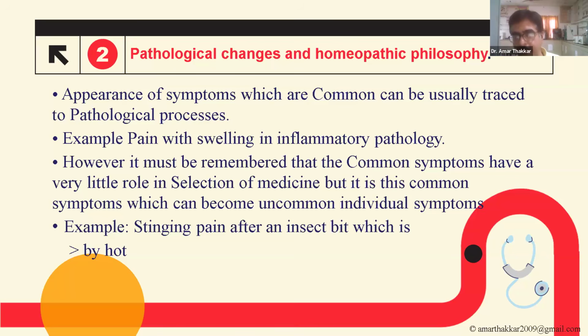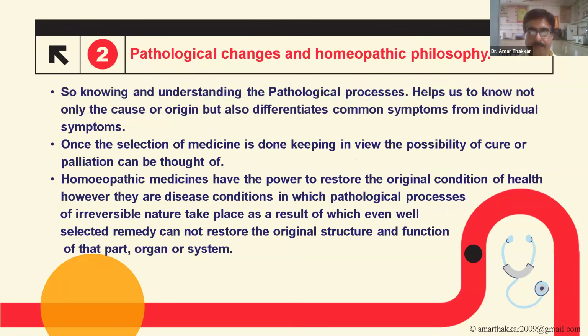So what you have done here is that you came to know that the symptoms of pain and swelling are common because of a pathological process, inflammation, and you have made that uncommon. This uncommon symptom can be used in adding to the totality of symptoms besides other symptoms of the case.